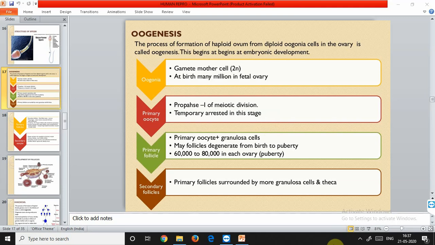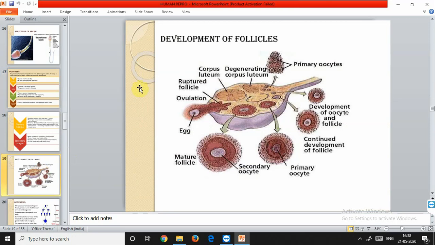It is formed from the ovarian follicles. This is for the development of the egg that we'll discuss later. You can see in the diagram the development of follicles, the degenerating corpus luteum. This is the egg that is being released after it is matured.